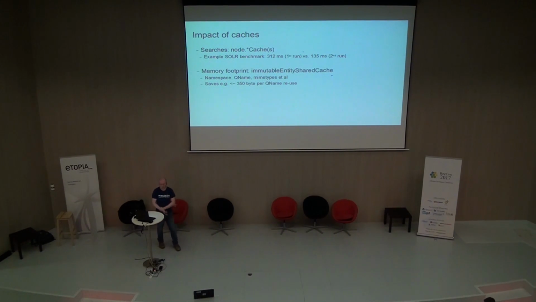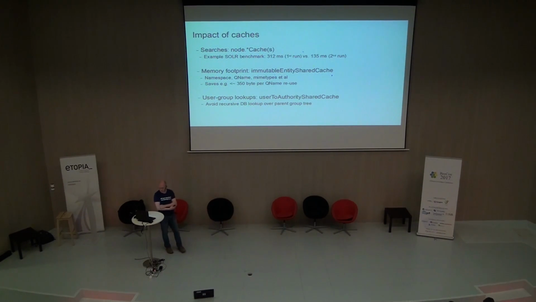Using a core cache like the immutable entity shared cache, we can actually reuse the same kind of objects multiple times. And basically for every instance of a QName, we save about 350 bytes, which can have a significant impact on the JVM garbage collection pressure and on the heap usage. And the more properties you have, the more aspects you have, the more pronounced this effect will be, obviously.